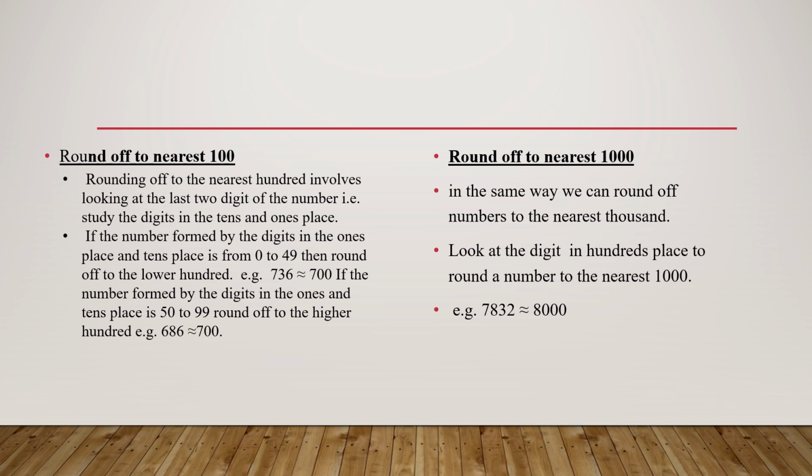In the same way, to round off to the nearest 1000, we have to look at the digit in the hundreds place to round up or round down. For example, 7832. 832 is greater than 500, so we will round up to the next 1000, which will be 8000.